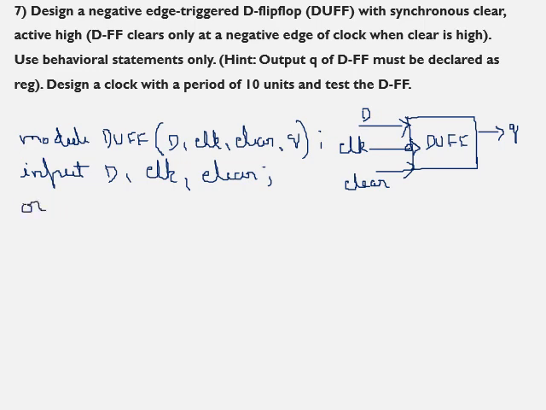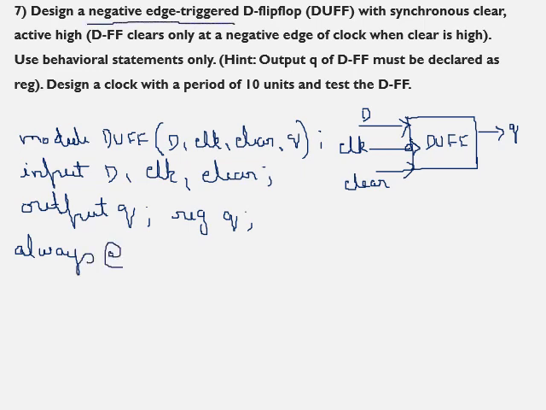You also have to declare Q as a register. Now, always at, so this is a negative edge triggered flip-flop, so the attribute you have to identify is negedge of clock. Okay, negedge of clock.